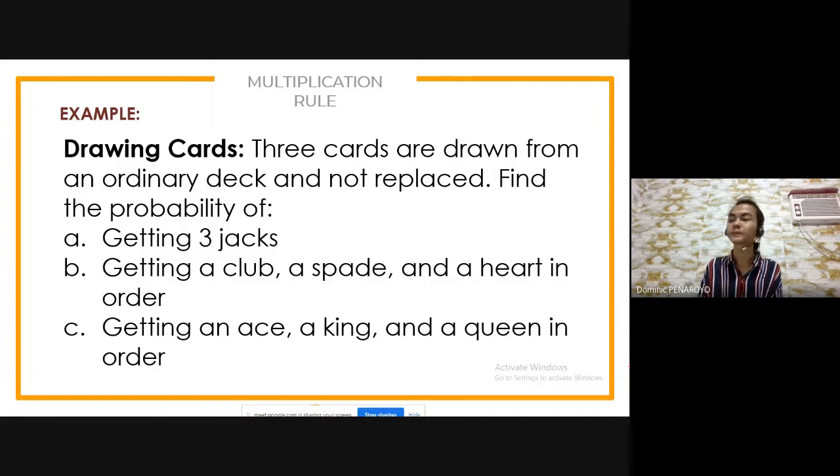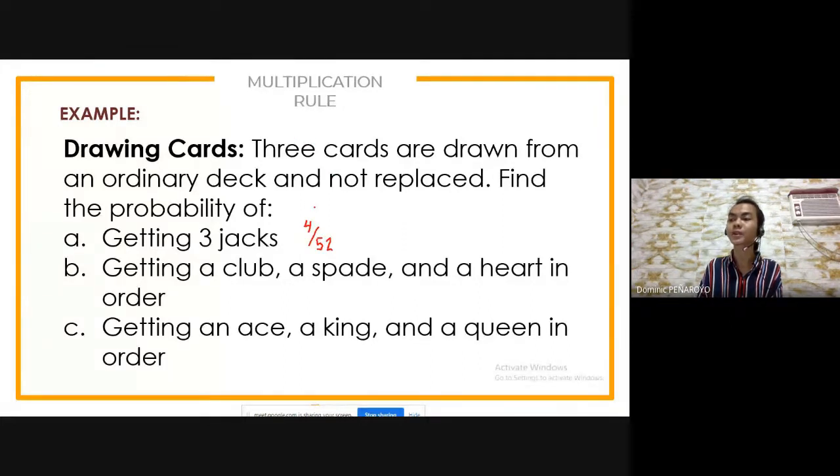So now, what is the probability of getting 3 jacks? On the first draw, what is the probability of getting a jack? So that is 4 over 52, because you need to draw 3 cards.